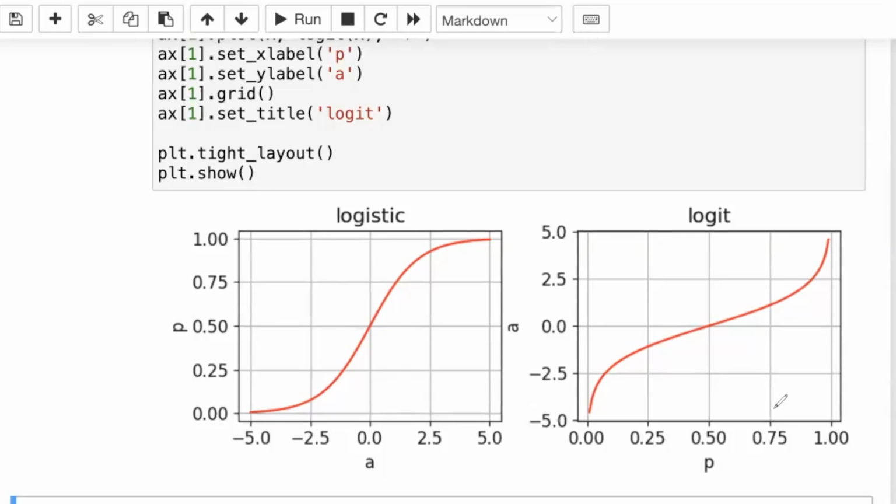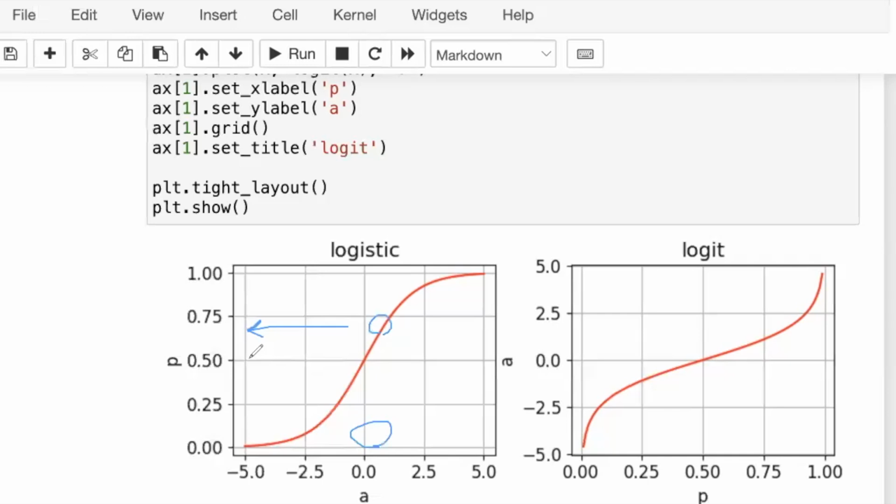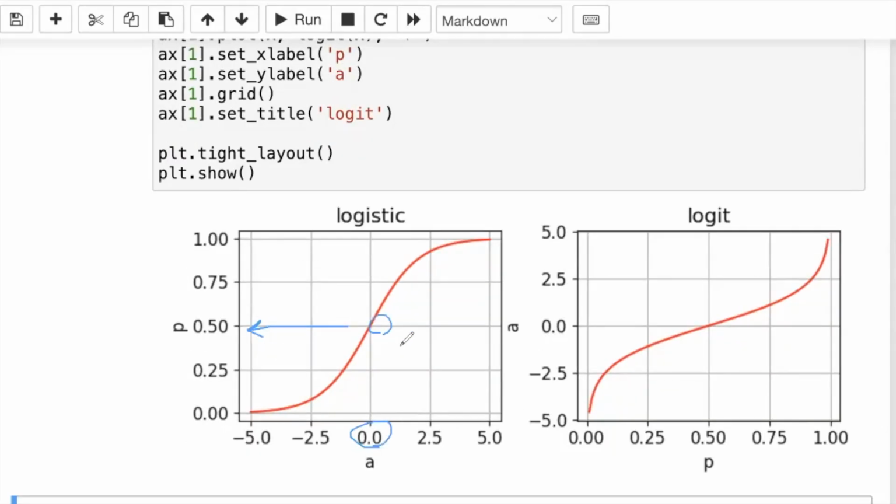And you can easily interpret this, right? So you know that if you pass 0 to the logistic function, then you get probability 0.5. And the same way, you expect that if you want to find the inverse function, if you provide 0.5 to this logit function, then you get 0, right?